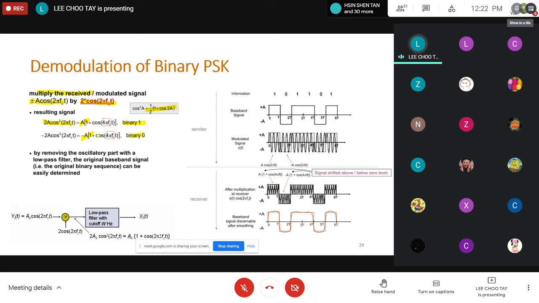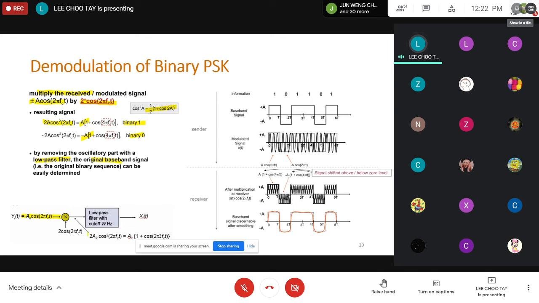Just by removing this high frequency component, by using a low pass filter. Block the high frequency component with a low pass filter, then we can recover our original baseband, either plus A or minus A. Plus A is for 1, minus A is for 0. So basically, this is how the demodulation part looks like.